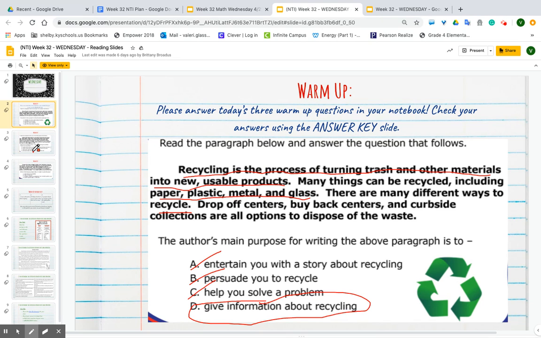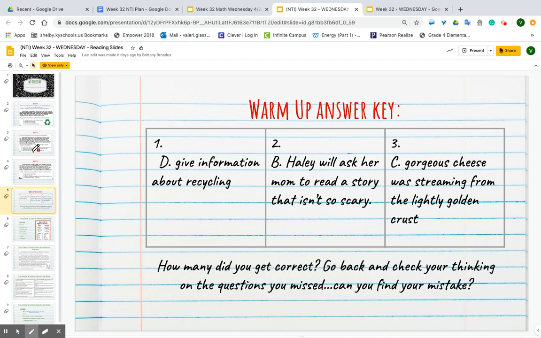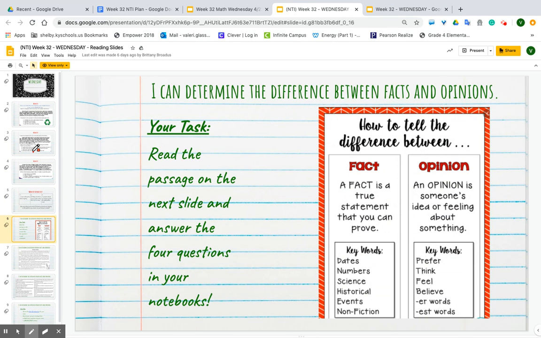All right, so then you're going to keep on doing the warm-ups. You're going to work your way through, and you're going to check your answers to make sure they're okay. And then before you do your task for today, you're going to look at here. It says, read the passage on the next slide and answer the 4 questions in your notebook. Again, we were talking about fact. We're talking about opinion. And we know that with a fact, you'll have proof. And here are some keywords.